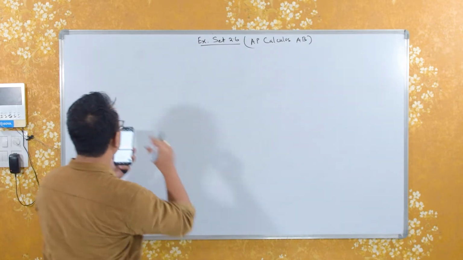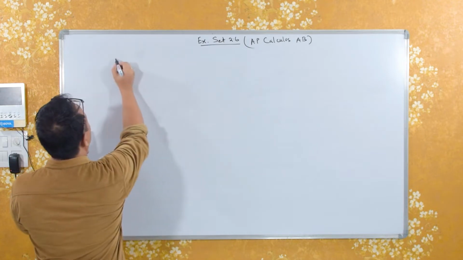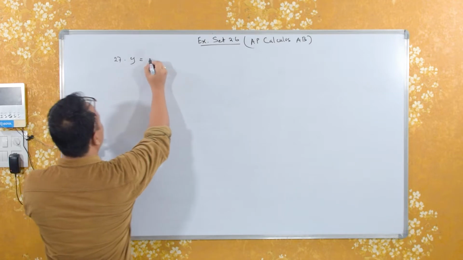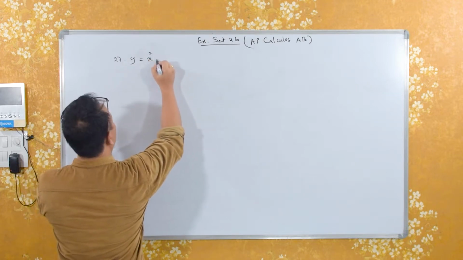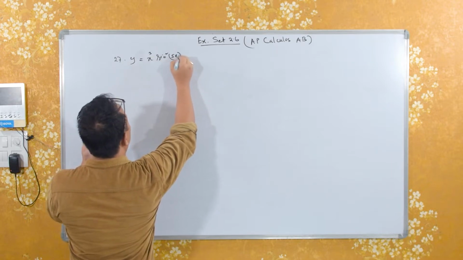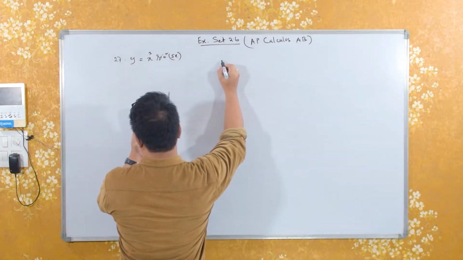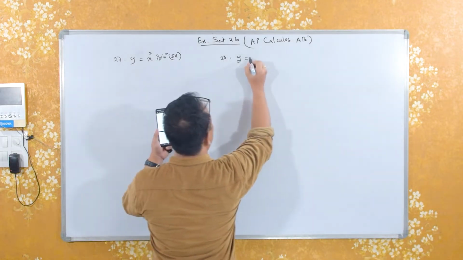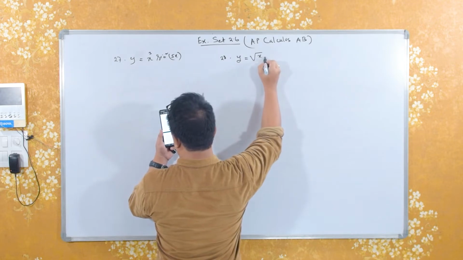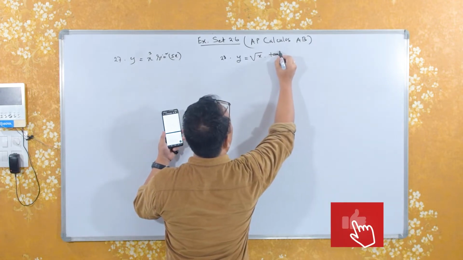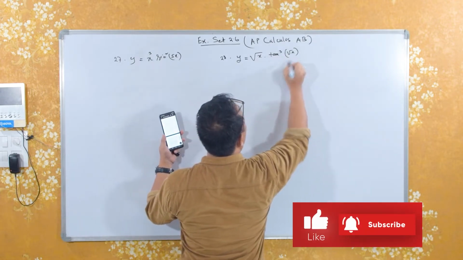First is 27: y equals x cube sine square 5x. And 28 is y equals square root of x into tan of cube root x.